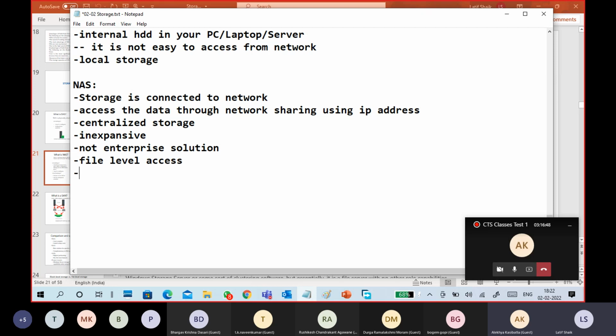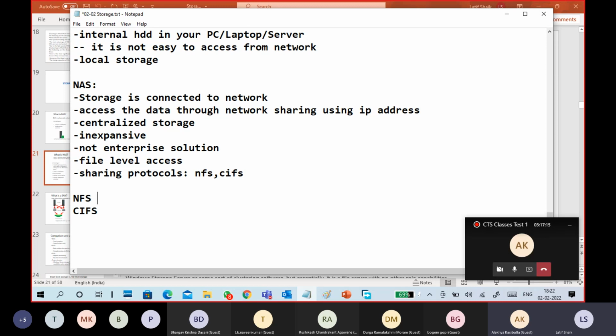Okay, so we use sharing protocols like NFS, CIFS. Network protocols or sharing protocols are NFS and CIFS. In the previous classes I told you there is NFS and CIFS.